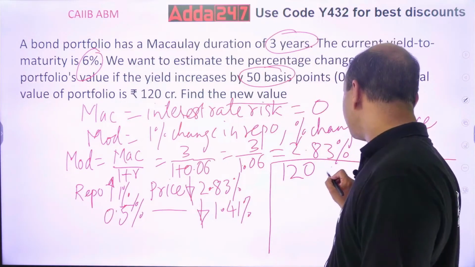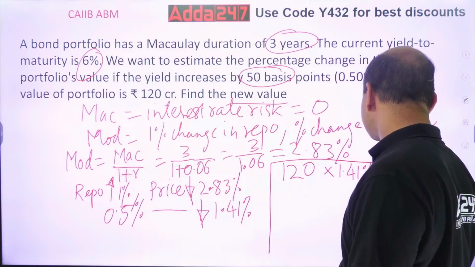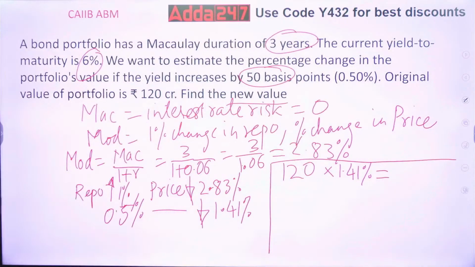So 120 into 1.41%. Find the answer. Okay, remember, don't forget this percent, 120 upon 100, you should never forget.